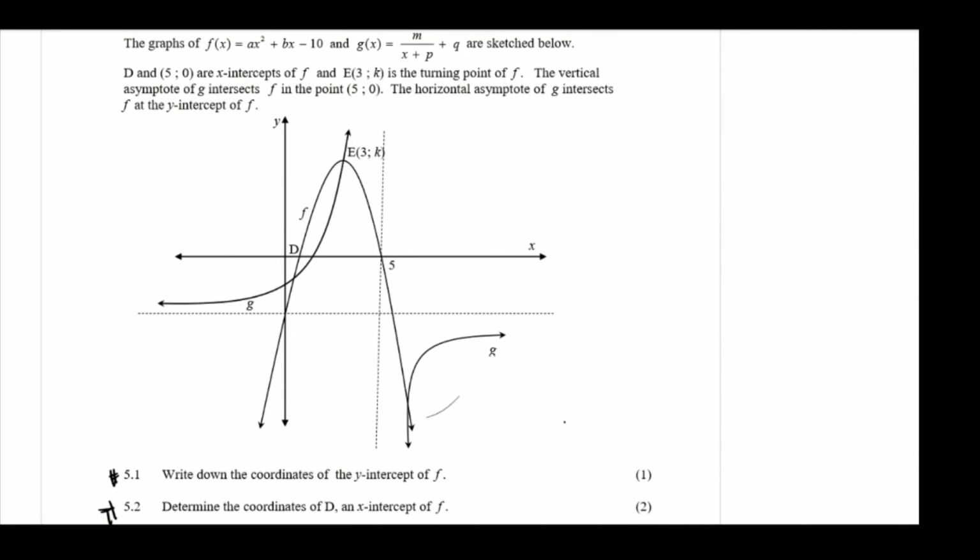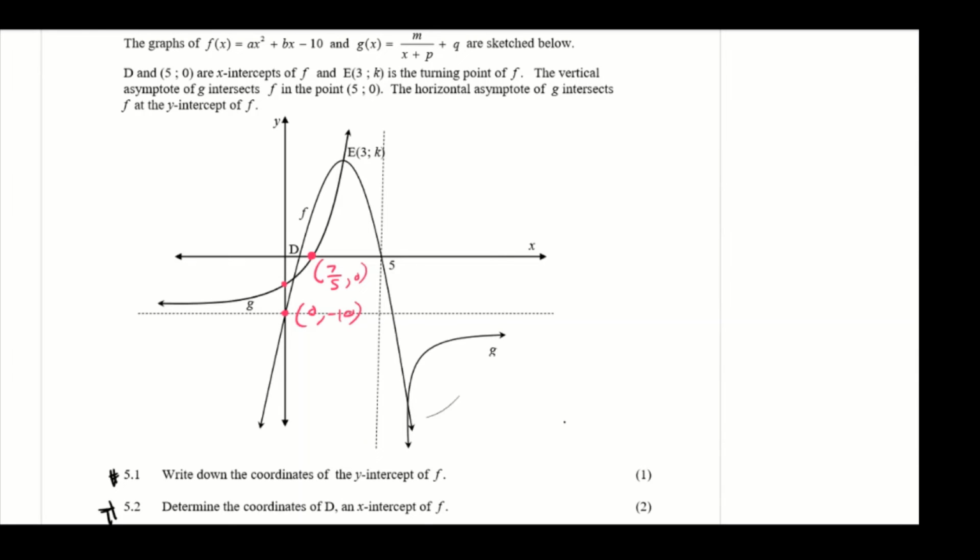What you need to note first is the x-intercept, which we know now is 7 over 5 and 0, and here the y-intercept is actually 0 and minus 10, right?